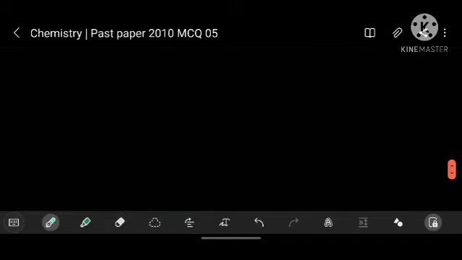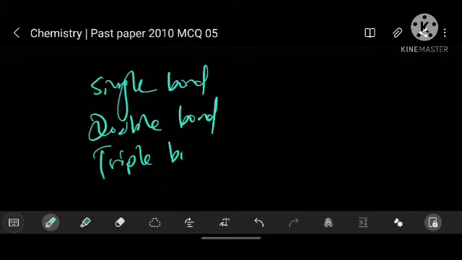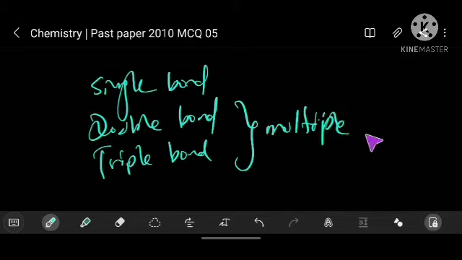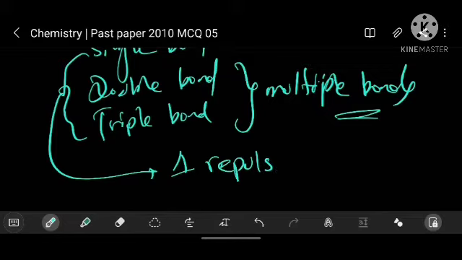Here is something you should remember: whether it's a single bond, a double bond or a triple bond, all bonds, even the multiple bonds, are treated as one repulsion unit, or one VSEPR unit.